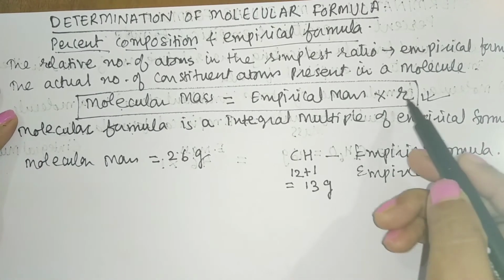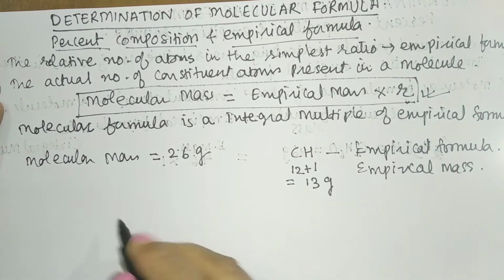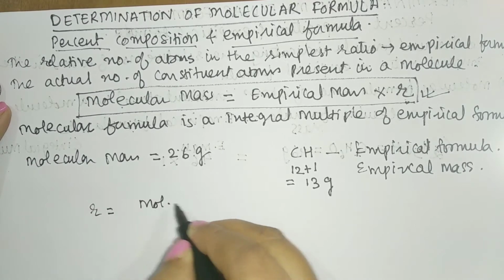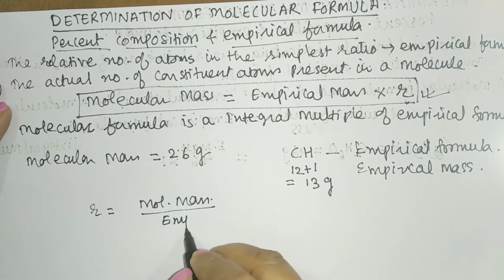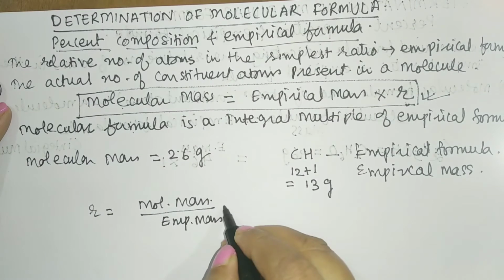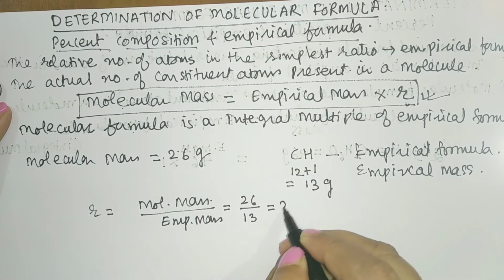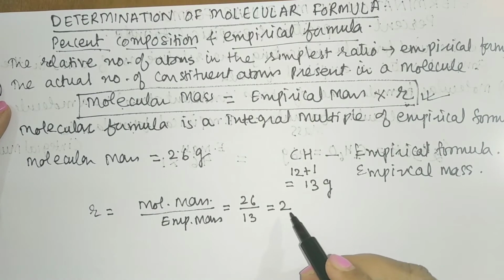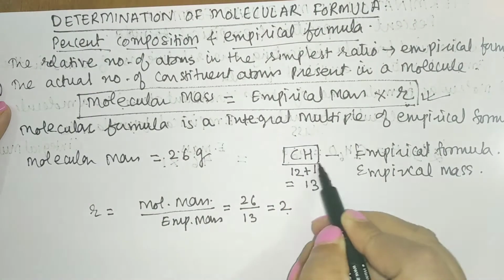You are getting the empirical mass as 13 gram. So what is the value of R here? Value of R is 2 because R is equal to molecular mass upon empirical mass. That is the formula you have used here. So it will be 26 divided by 13, you will get 2. Means if you want to calculate the molecular formula, you have to multiply the empirical formula by 2.